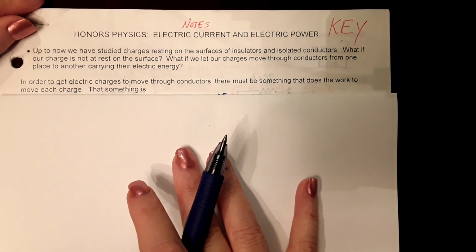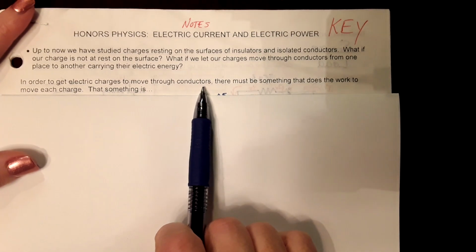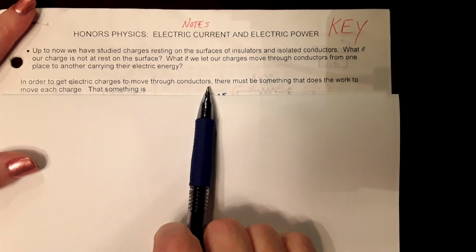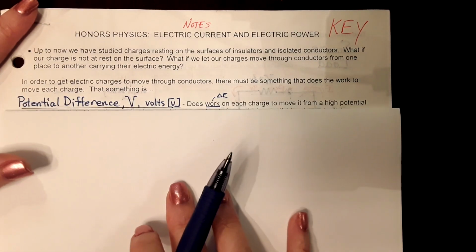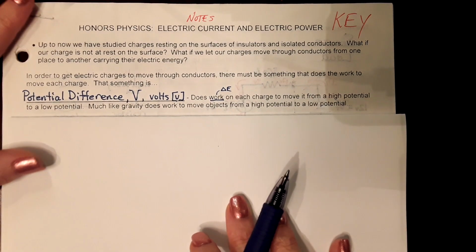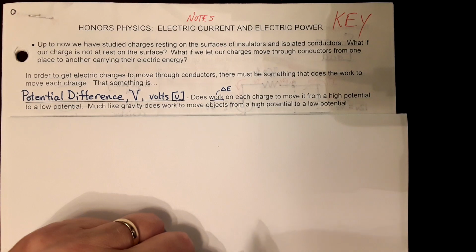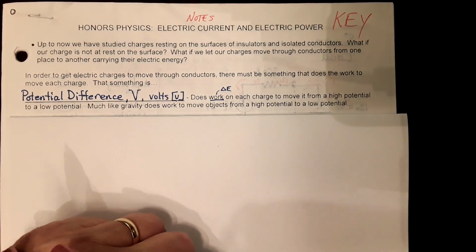So in order to get electric charge to move through conductors, there has to be something that does work to move each charge. That something is called a potential difference. Potential difference is denoted with a capital V, and that's how I make my capital V to distinguish it from a lowercase v.